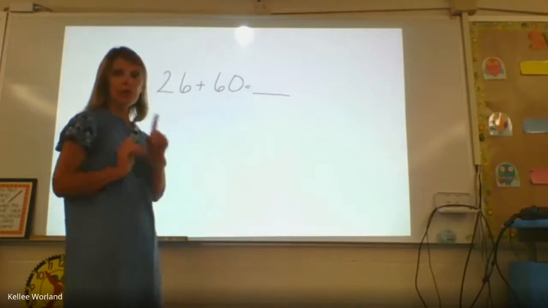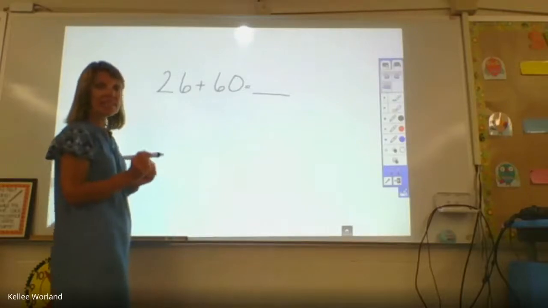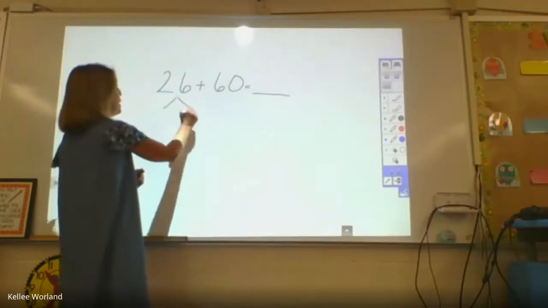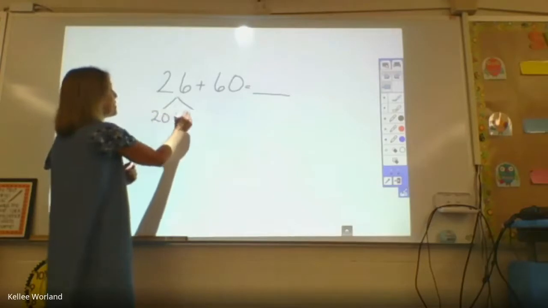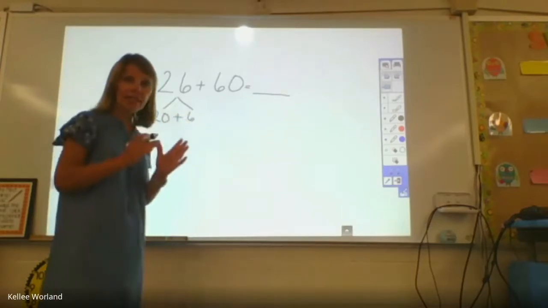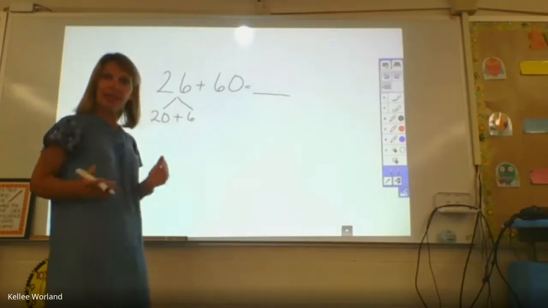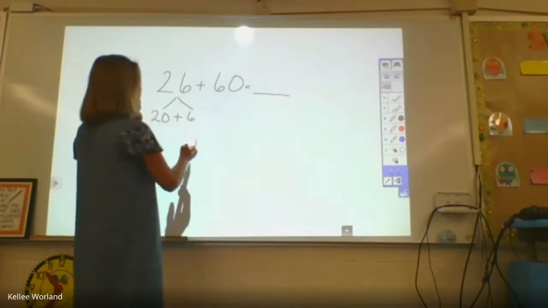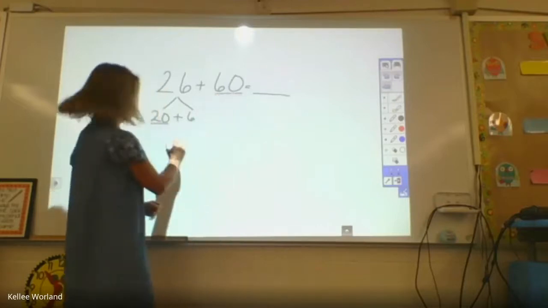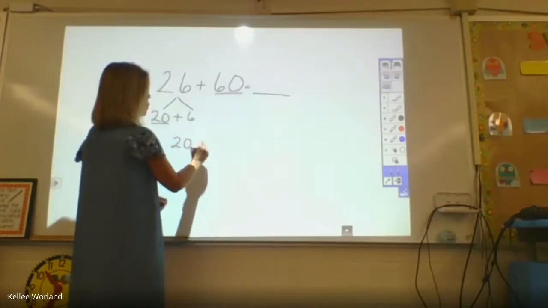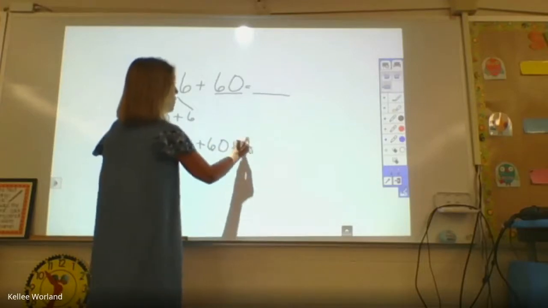Okay, first way we could do this. I could break down 26. All that is really 20 plus 6. Get it? 20 and 6 make 26. Then I'm going to come down and I'm going to add my 10 groups. 20 plus 60 equals 80.